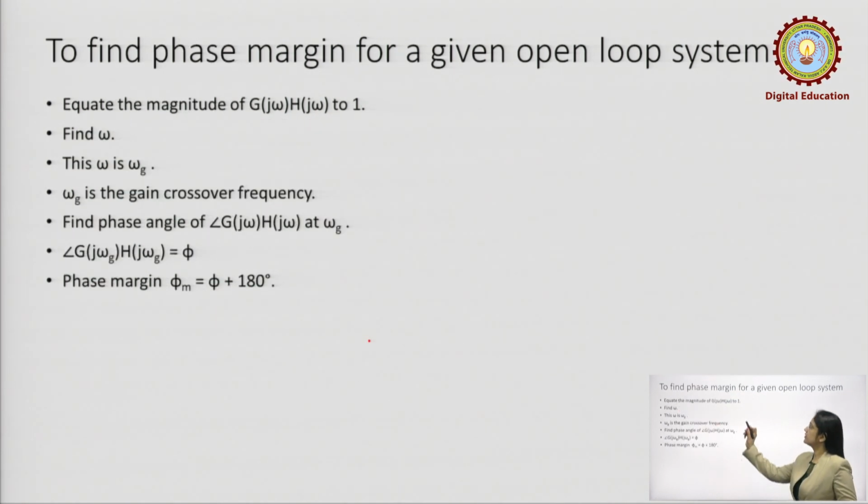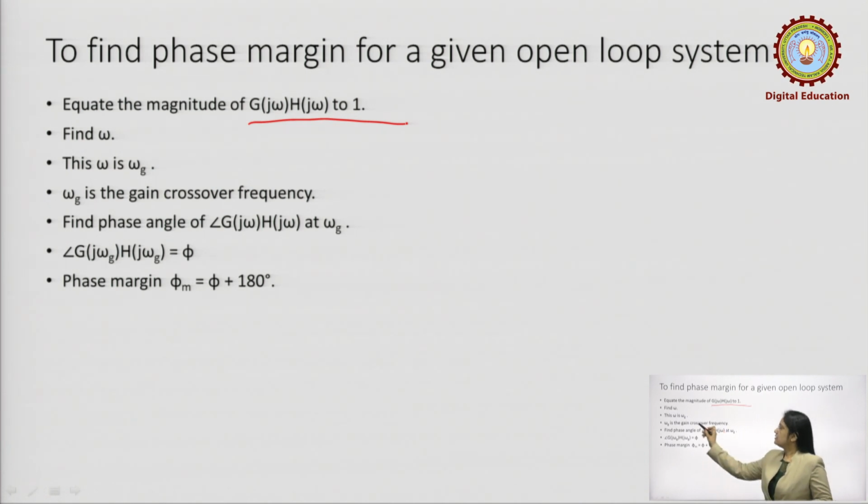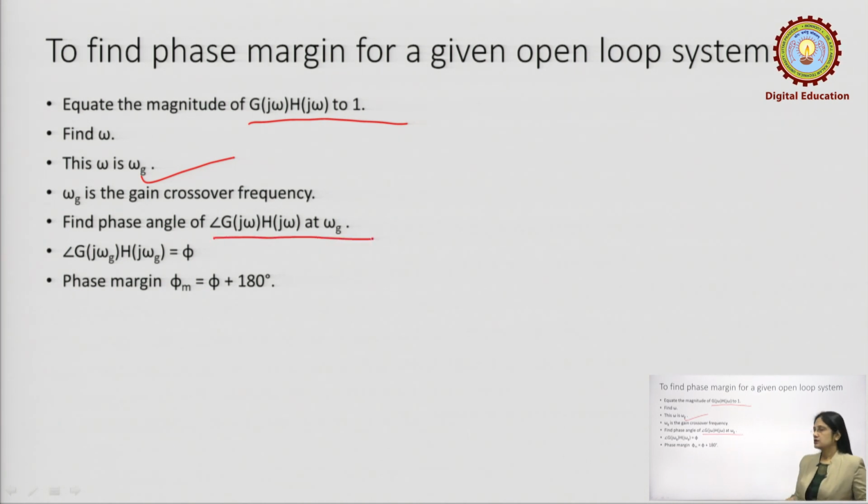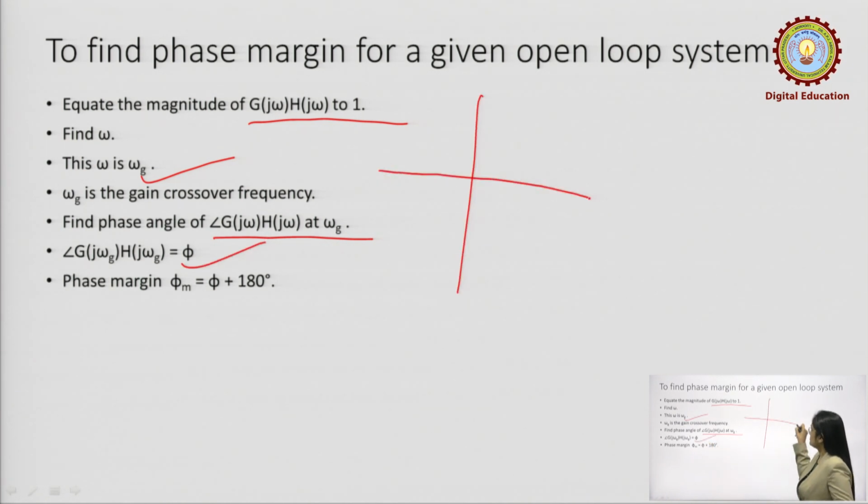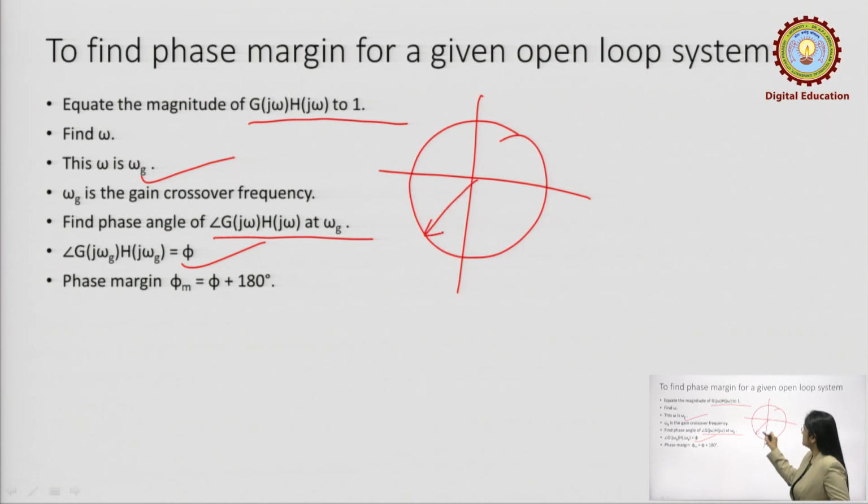Then how to find the phase margin? Equate the magnitude of G(jω)H(jω) to 1 and then find ω; that ω is the gain crossover frequency. Find the angle at the gain crossover frequency; that angle is φ, the phase angle.